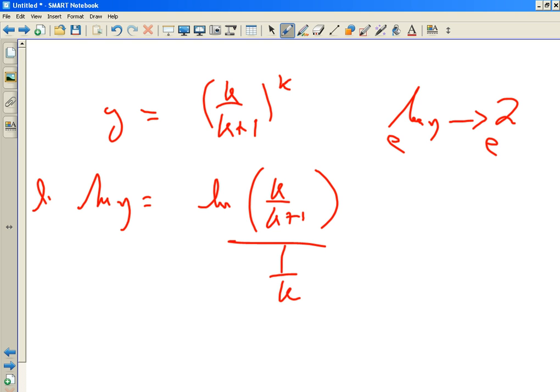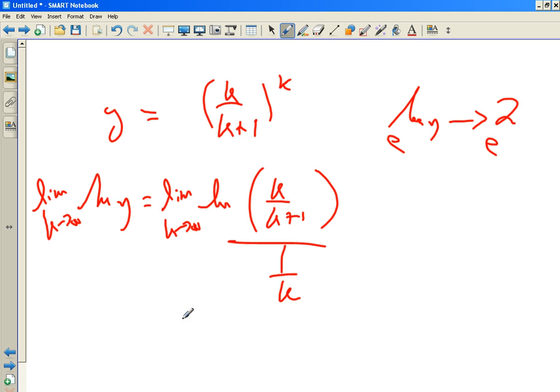What's the limit as k goes wild of this? Well, what happens to k over k plus 1 as k gets huge? Goes to 1. What's ln 1? 0. What happens to 1 over k when k gets huge? It goes to 0. When you have 0 over 0, that's when you use L'Hopital.